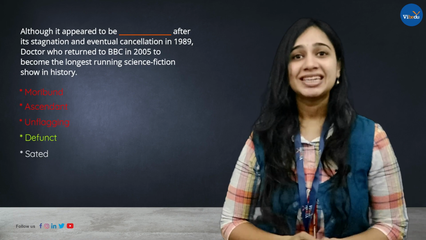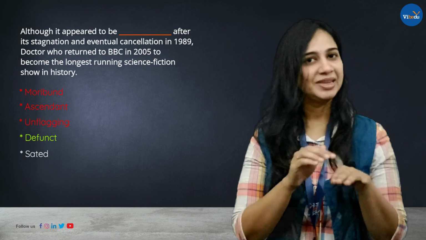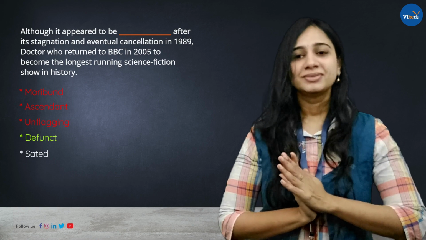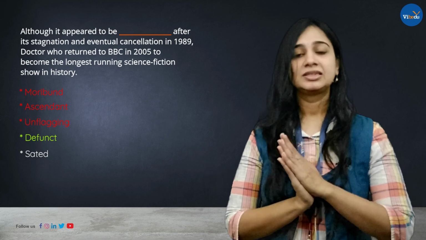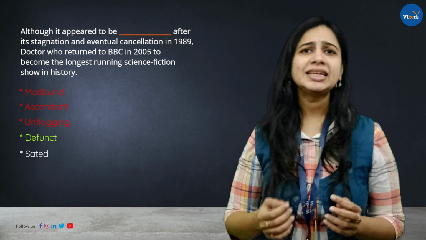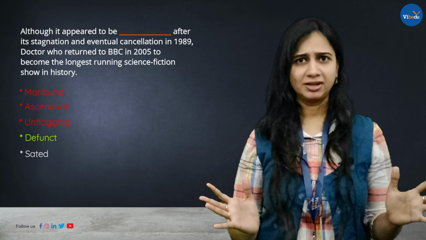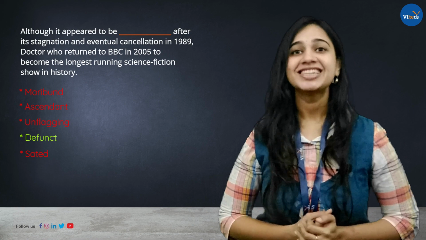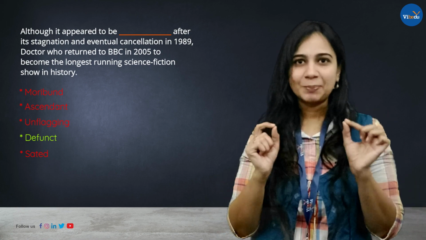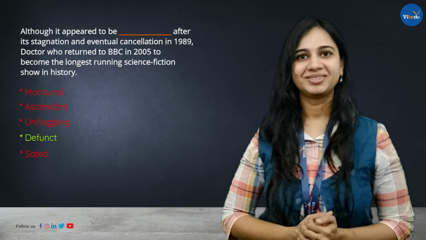Yes, defunct is defunctioning, completely off. That can be the answer. Last, sated. Sated is completely satisfied. So, no. Yes, my answer is defunct and it's the completely correct answer.